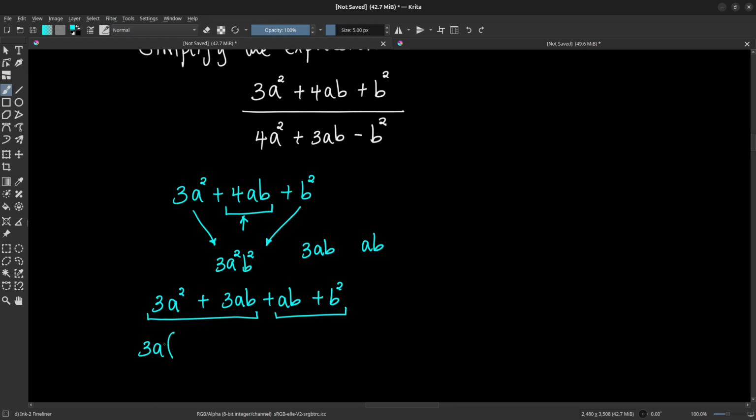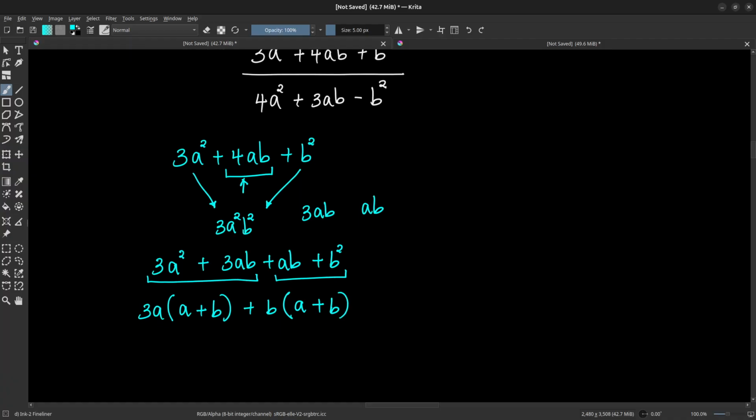3a squared divided by 3a gives us a, plus 3ab divided by 3a gives us b. So we have factorized the first pair, and then plus, in the second pair, the common factor is b. So we factor it out, and ab divided by b leaves us with a, then plus b squared divided by b gives us b.